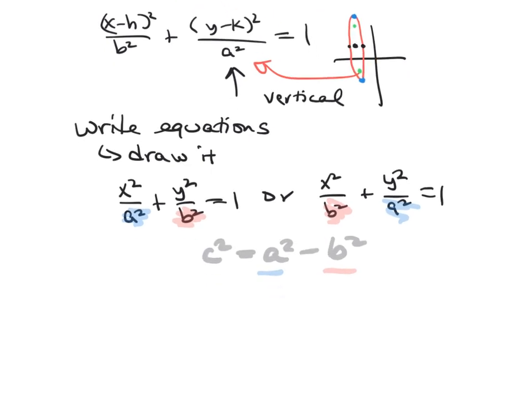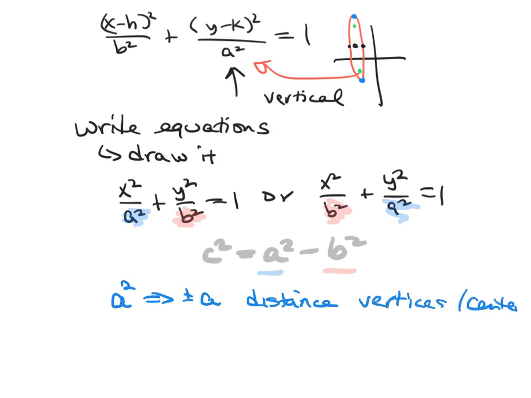Remember that, to just recap, a squared, when you square root it, gives you your a value. And remember, this is going to be the distance that the vertice is, or the vertices are from the center.